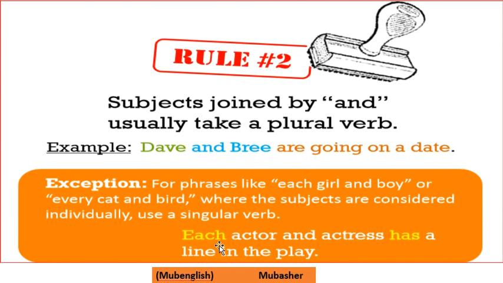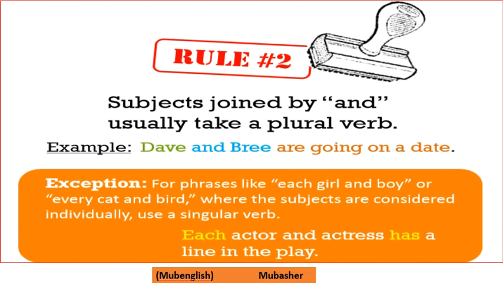That's why even if we are combining them with the word and, if we are using each actor and actress, or every actor and actress, we will use has, and we will use a singular subject. Here: has a line in the play.